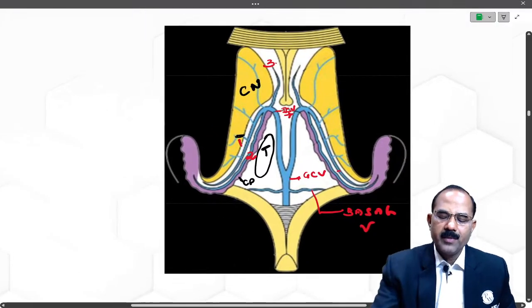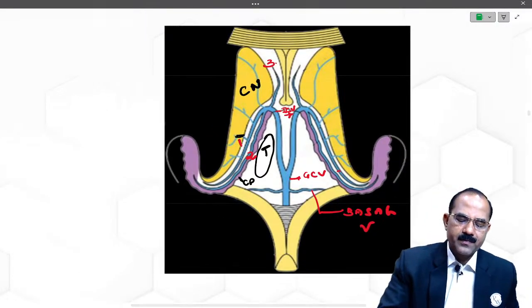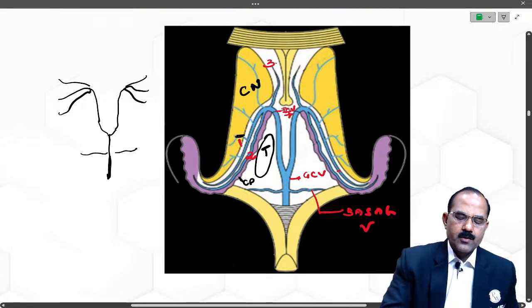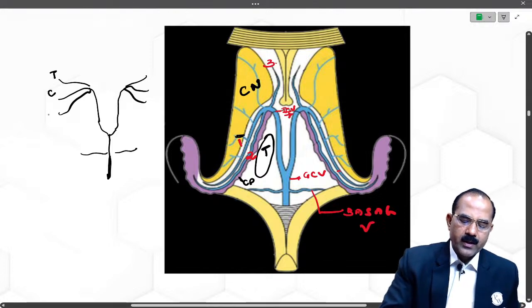Okay, look, I just make this. See if you can understand this. I make this slide. So this is thalamostriate, this is choroidal, this is septal vein. So this vein becomes the internal cerebral vein. This is another internal cerebral vein.